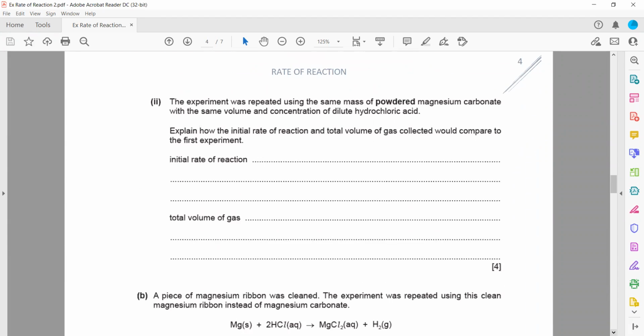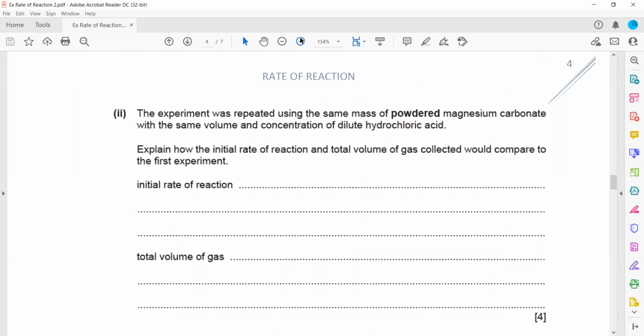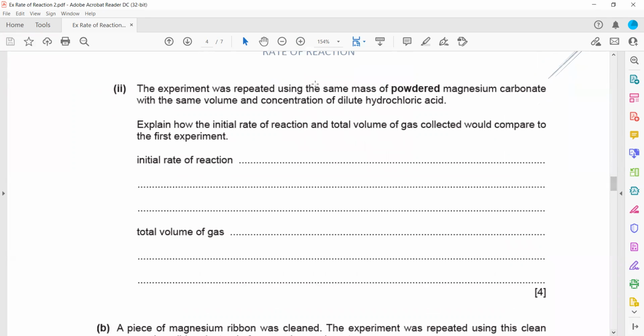The next part: the experiment was repeated using powdered magnesium carbonate with the same amount of acid. Explain how the initial rate and the total volume are affected. So how the initial rate, like the rate of the reaction or the starting rate, will be affected: it will be faster.